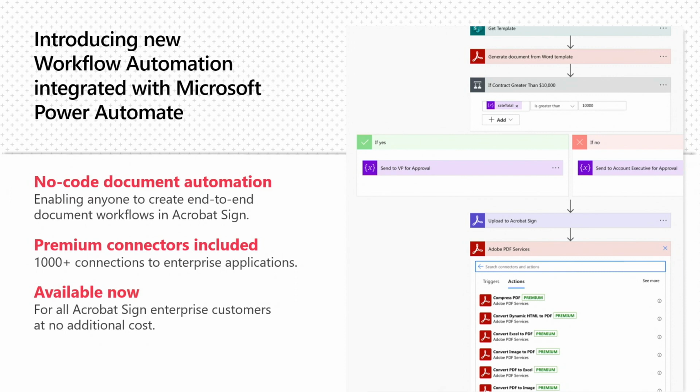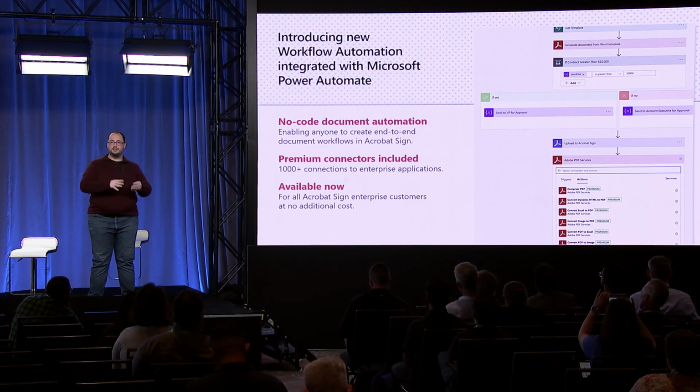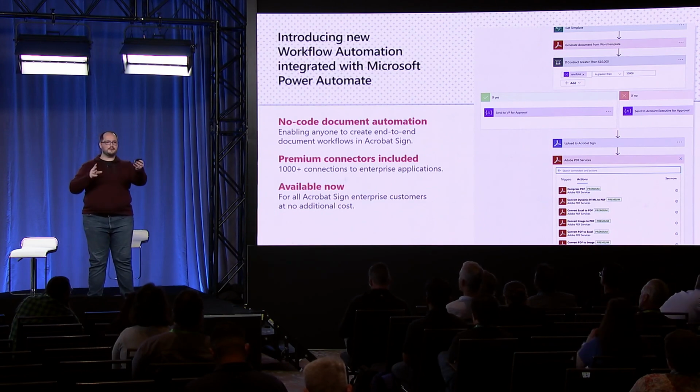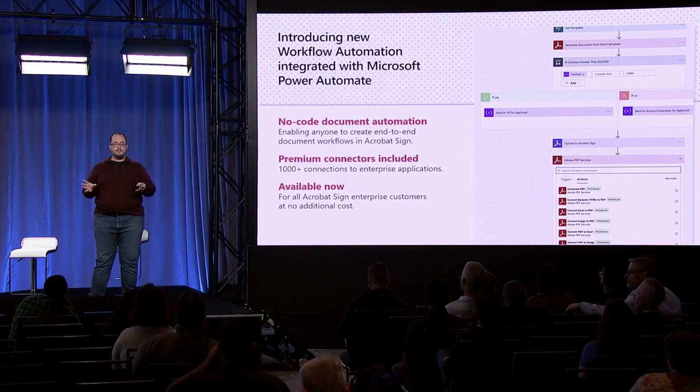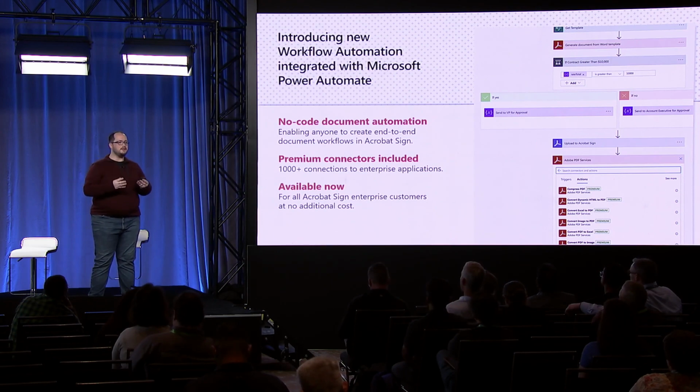What that means is that all of our Adobe Acrobat Sign customers now have Power Automate included, so they can create end-to-end digital document workflows: from pre-signature, generating those documents and connecting to the different systems that are part of your document process, to capturing the electronic signature, and also post-processing, whether it's storing those documents in different systems. And because of the 1,000+ connectors within Power Automate, you can take advantage of all of those to create your end-to-end digital document workflow.